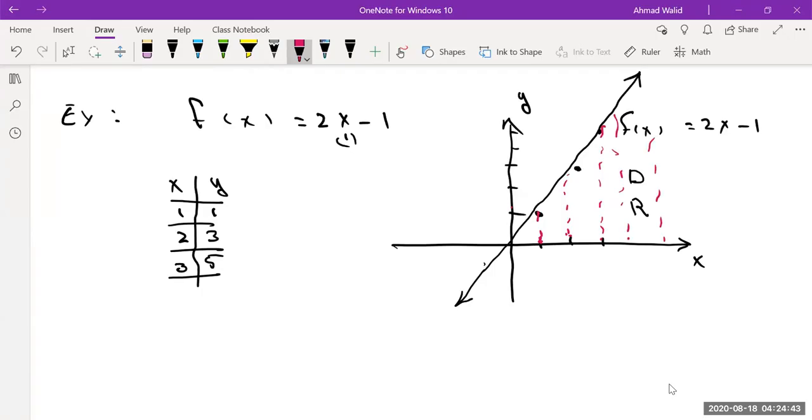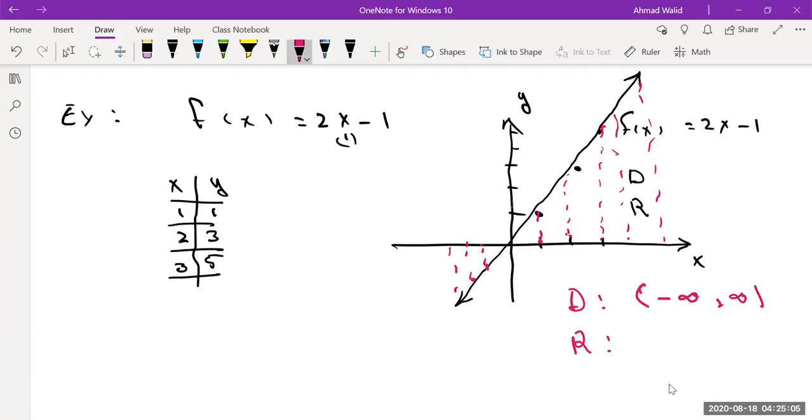For every single point on the graph, the values of x are going this way, and also on this side. For every single point on the graph, you have a value of x. Then the domain of this function is from negative infinity to where? To positive infinity.